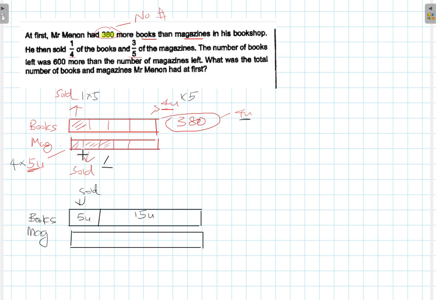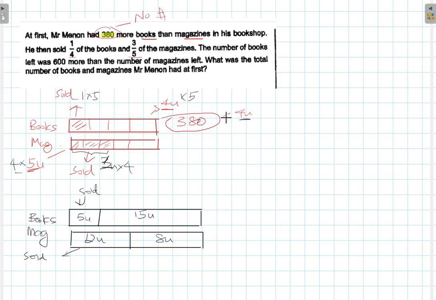So here is 3 units. Here this 3 units I times, because just now I times what? Times 4, right? Times 4. So here will be 12 units that is considered sold. I'll be left here with 8 units unsold.